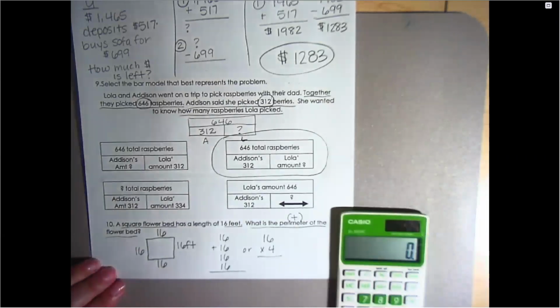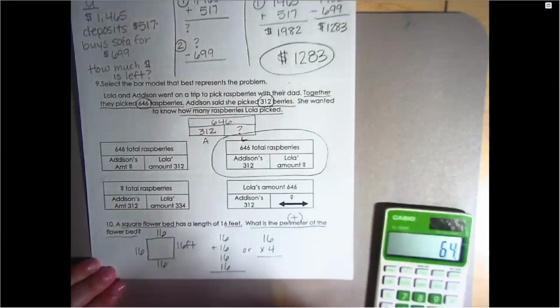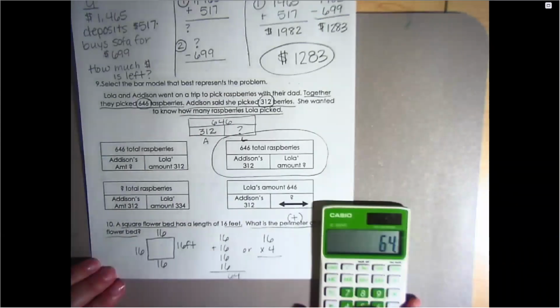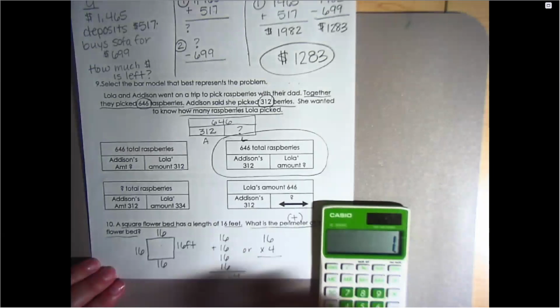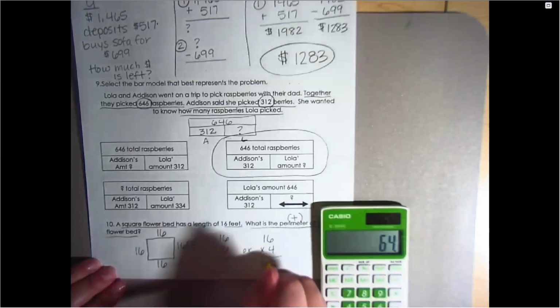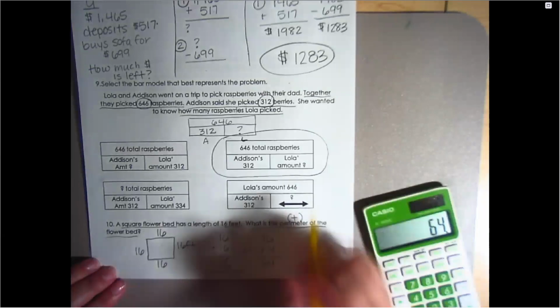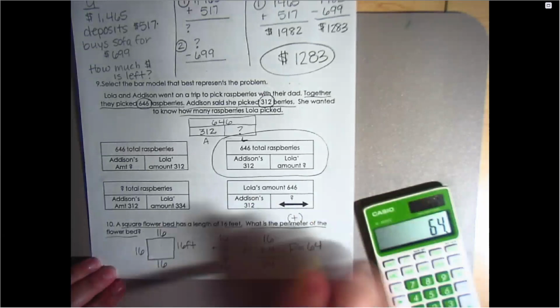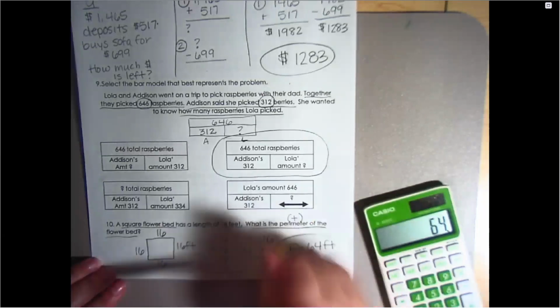So I'm going to do 16 plus 16 plus 16 plus 16, and I'm going to get 64 as my answer. And then I'm just going to double check 16 times 4. So 16 times 4 equals 64. So the perimeter is 64, but don't forget the measurement, feet. 64 feet.